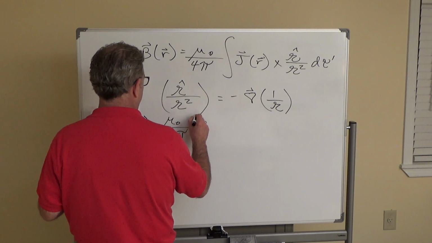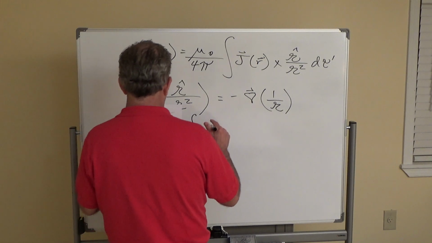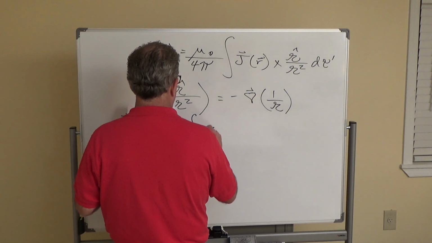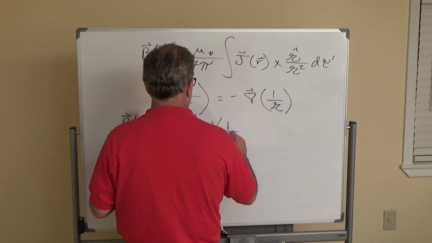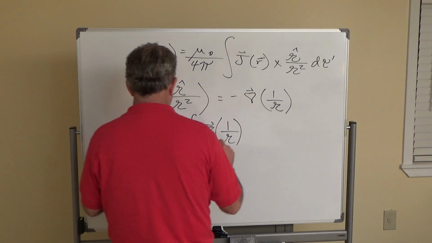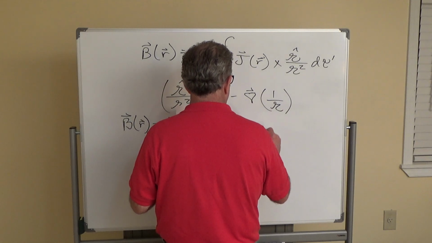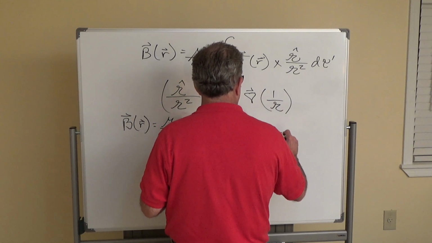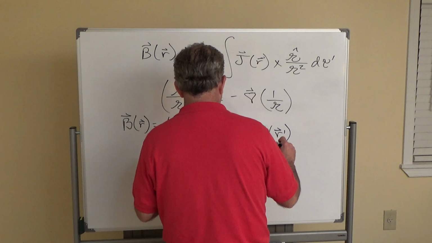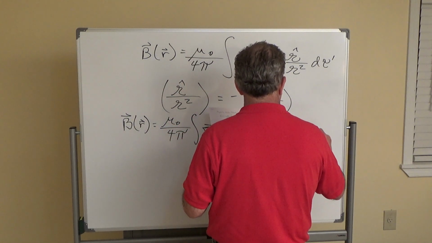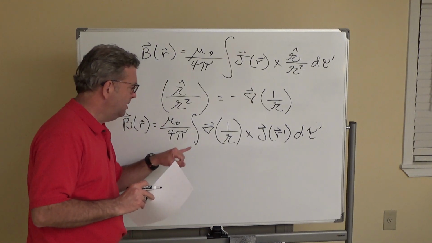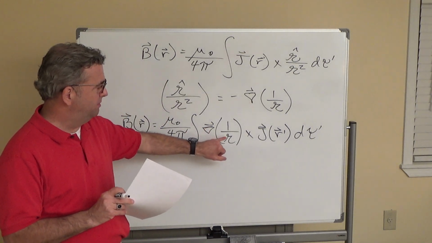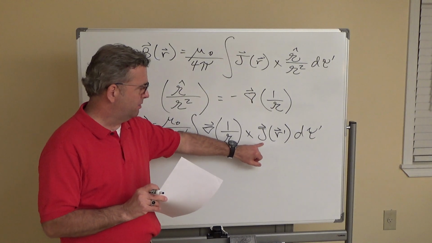It's the integral of the gradient of 1 over script r cross J, d tau prime. Okay? So this is the gradient of a scalar, and this is a vector.